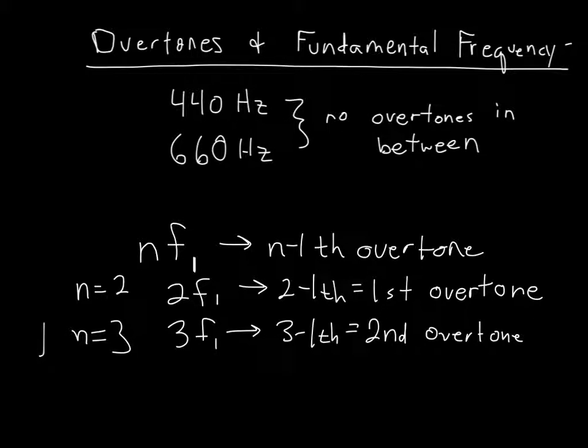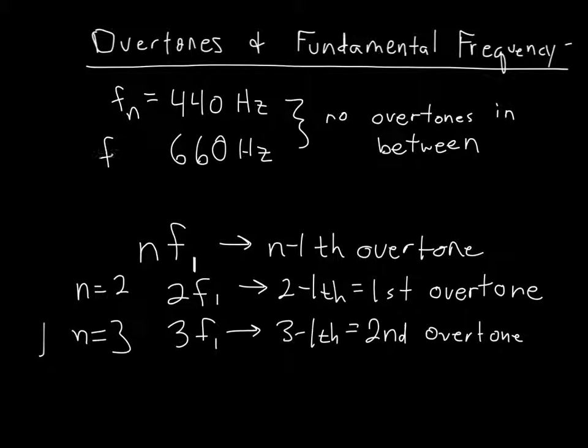So how can we use this concept inside of this problem? Well, in this problem we're given two actual frequencies. We're given a frequency, we'll call it f sub n, some overtone. We don't know what n is, but it's equal to 440 hertz. And we also know that there's another overtone that resonates.